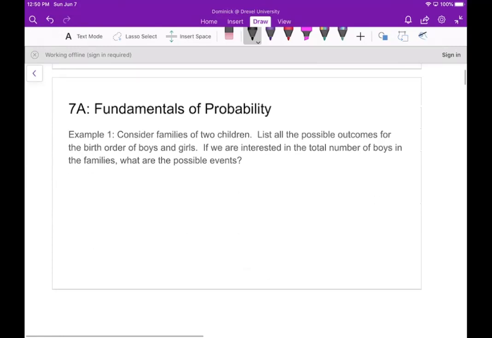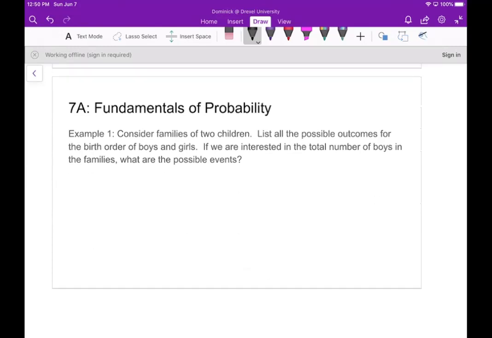So as an example, let's consider families of two children. We'll list all the possible outcomes for the birth order of boys and girls. And then if we are interested in the total number of boys in the families, well, what are the possible events?